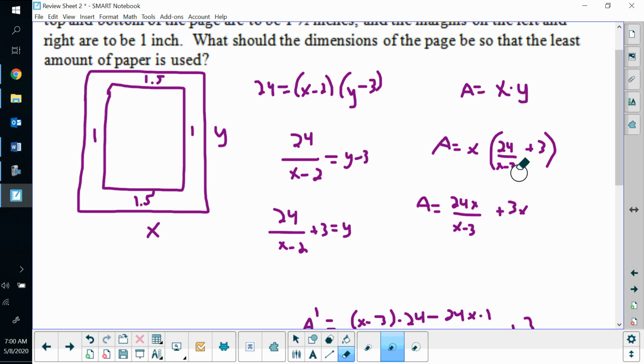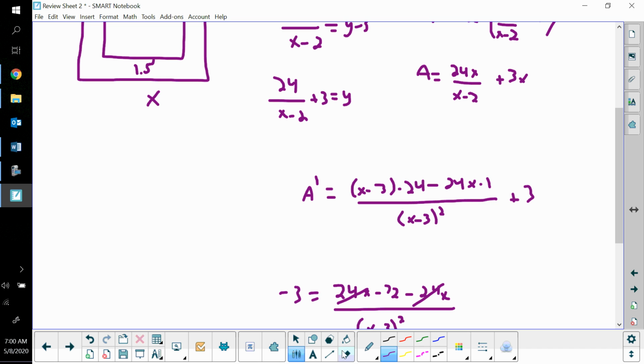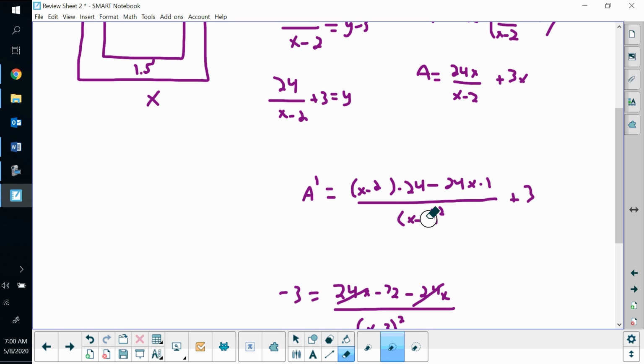This was a minus 2 here. So we just got to carry that through. So that's x minus 2. So from our quotient rule now, that's x minus 2. Then this is x minus 2 squared.